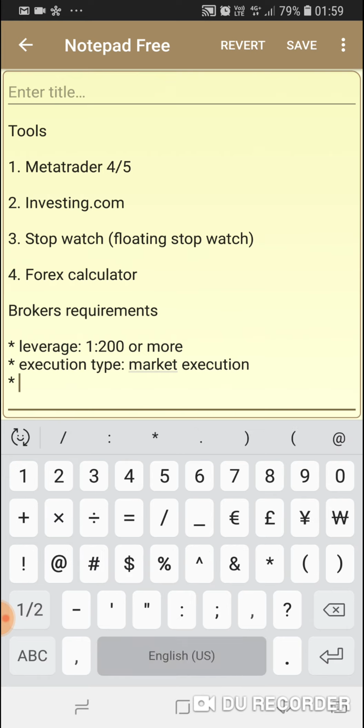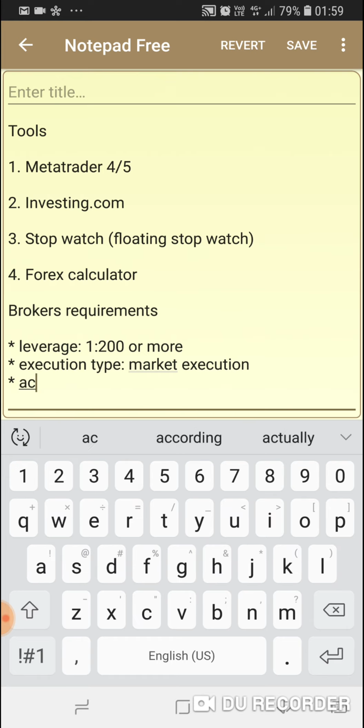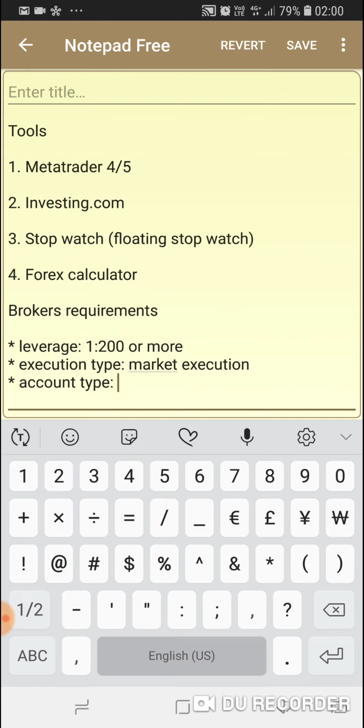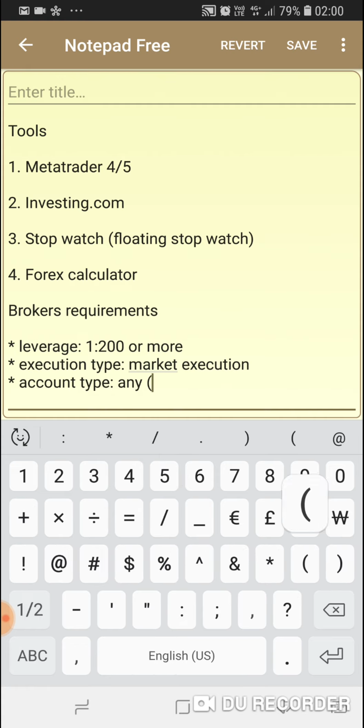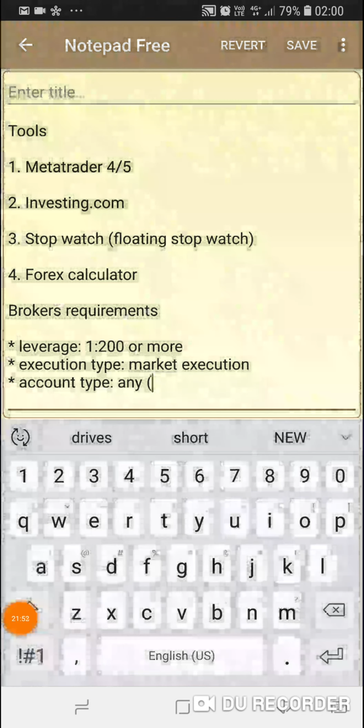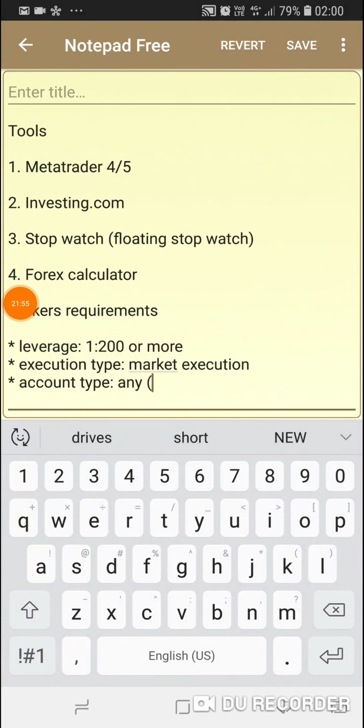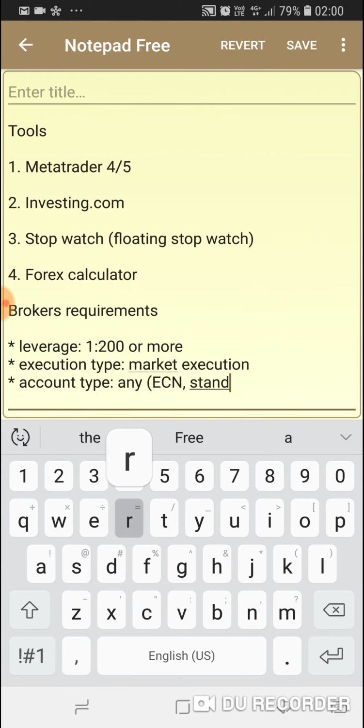Now, account type. You can definitely choose any account type. We've got ECN account type. We've got standard lot account type.